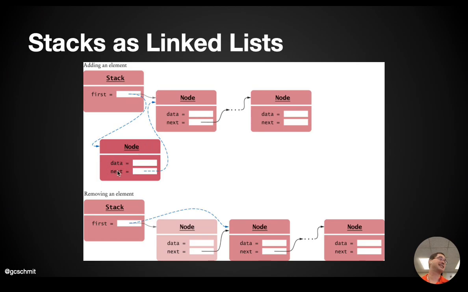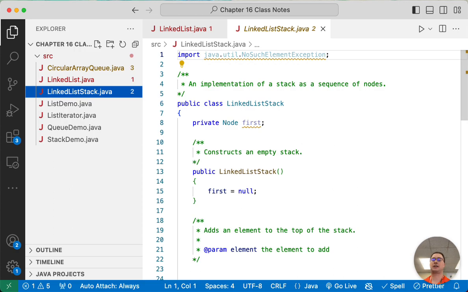This is basically the add first method that we had written previously. And when we pop an element off of a stack, we're going to be removing that first node and returning its data, which is essentially the remove first method that we implemented previously. So in a way, today is almost like a review as we work through this. So let's give it a shot.